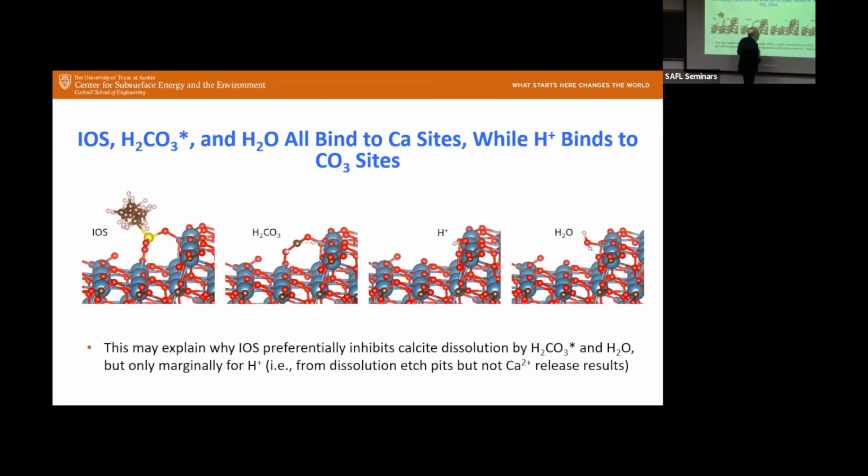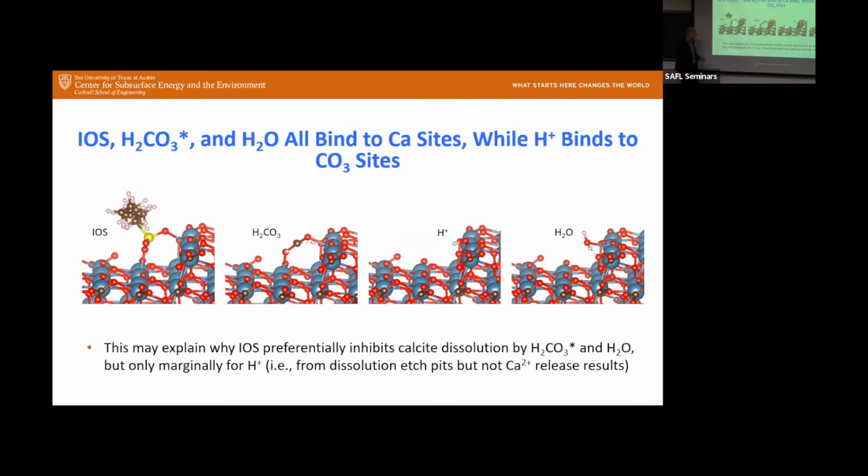And if you look at the water, you also see that absorbing directly to the gray calcium. But when you look at the proton, the hydrogen, it absorbs directly to this carbonate site. And so basically what that means is that this IOS directly binds to the same sites as the carbonic acid and the water, but not to the proton.